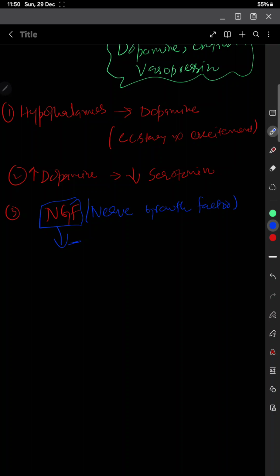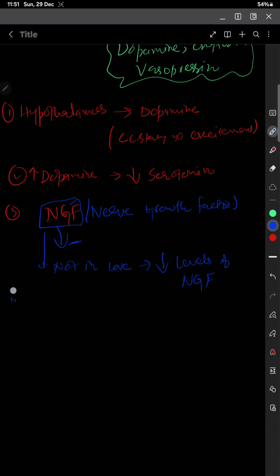People who are not in love, or who are in long-term relationships, have lower levels of NGF. The amount of NGF in the body directly relates to the intensity of romantic feelings. The more NGF, the more romantic feelings; the less NGF, the fewer romantic feelings.